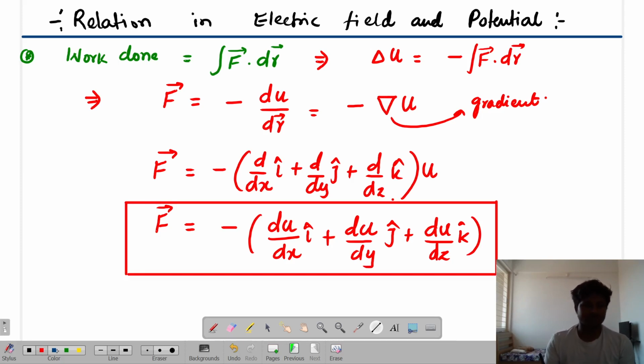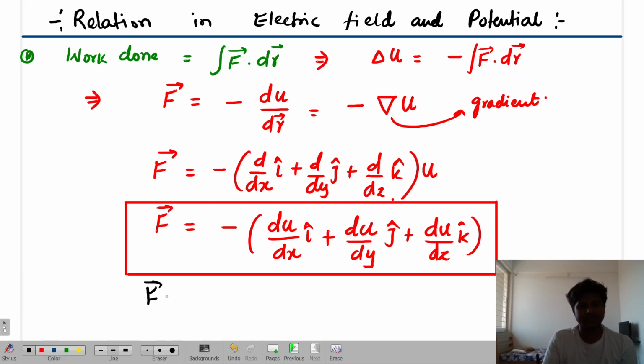Now you look over here. We know that the force is written as Q into electric field E, isn't it? And potential energy is written as Q into potential V at any point. Yes.